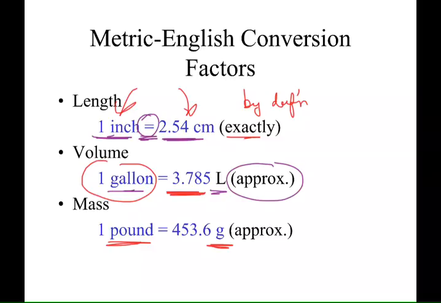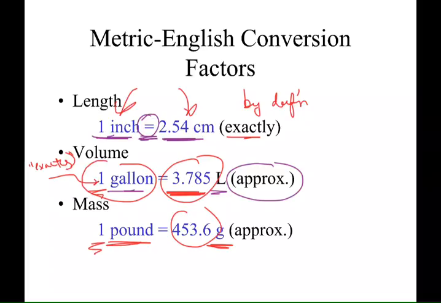I kind of want to point this out. When it says 1 gallon is approximately equal to 3.785 liters, what they mean is exactly 1. If you have exactly 1 gallon, it's going to be equal to approximately that many liters. So this 1 is actually going to bring no uncertainty to our problems when you go around it. But this will bring uncertainty.